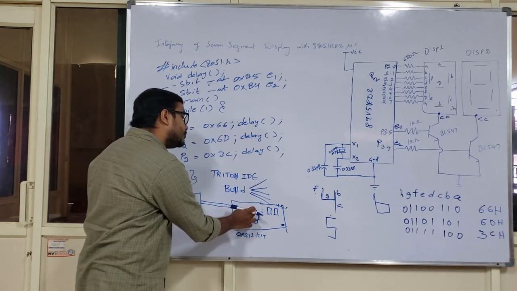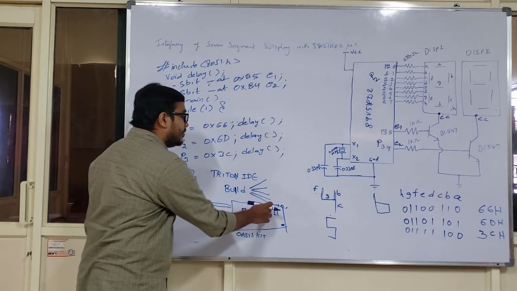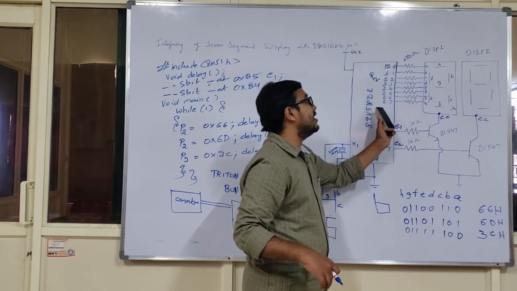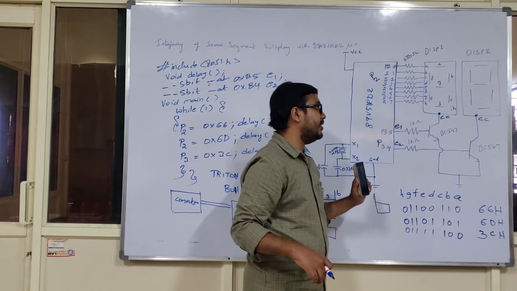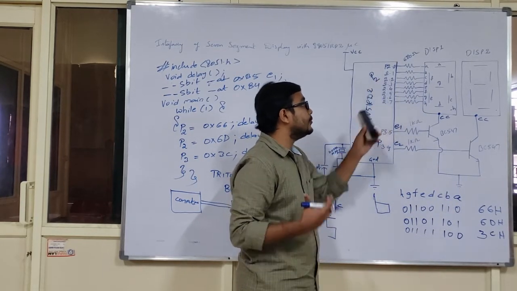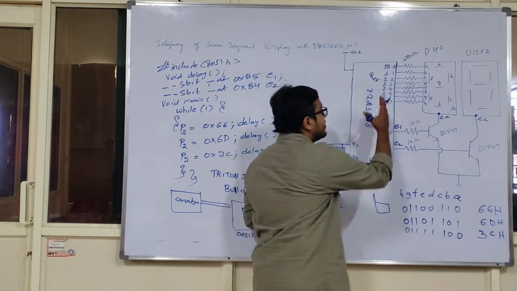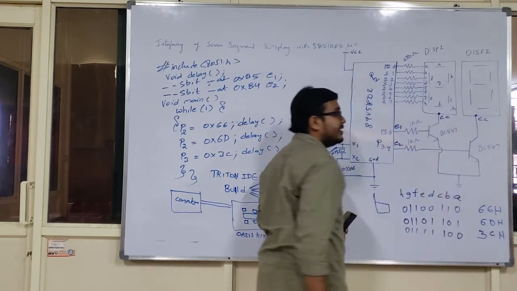Port 2 is hardware connected with your 7 segment display, so whatever information port 2 is carrying is passed to your 7 segment displays.